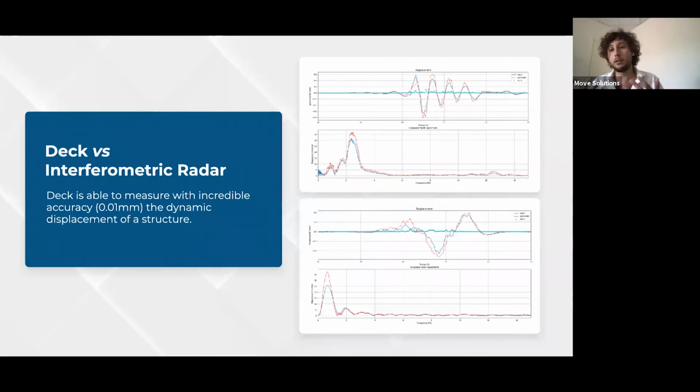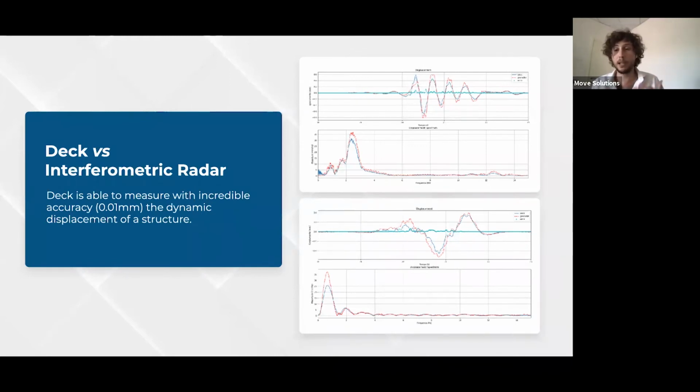We made a lot of comparisons with the radar in the same bandwidth, and we published a couple of scientific papers that show how good they are, how they match pretty much exactly. Of course with a different cost. The deck is really cheap compared to that radar, and that's what is really interesting. What you can do with the deck is two kinds of analysis.